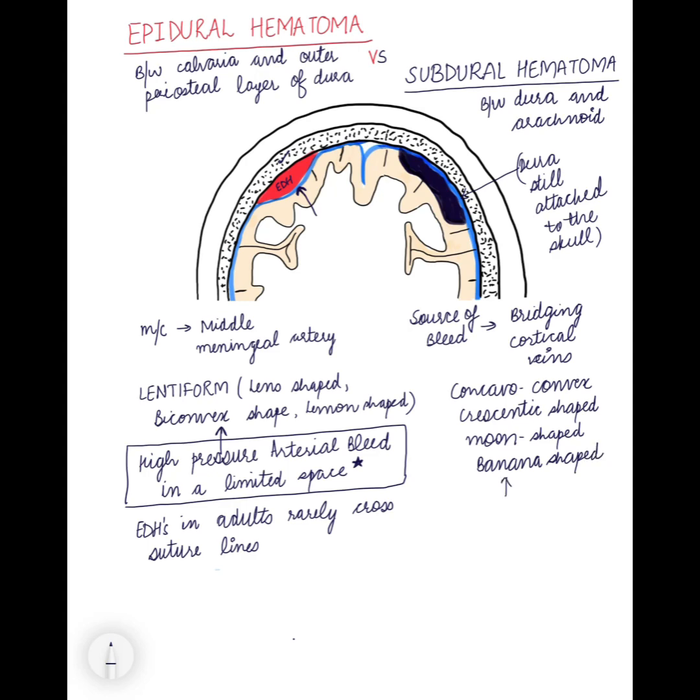So next, very important is SDH is concavo-convex. Why is SDH concavo-convex? Here, in EDH, it was a high pressure arterial bleed. Here it is a low pressure venous bleed.